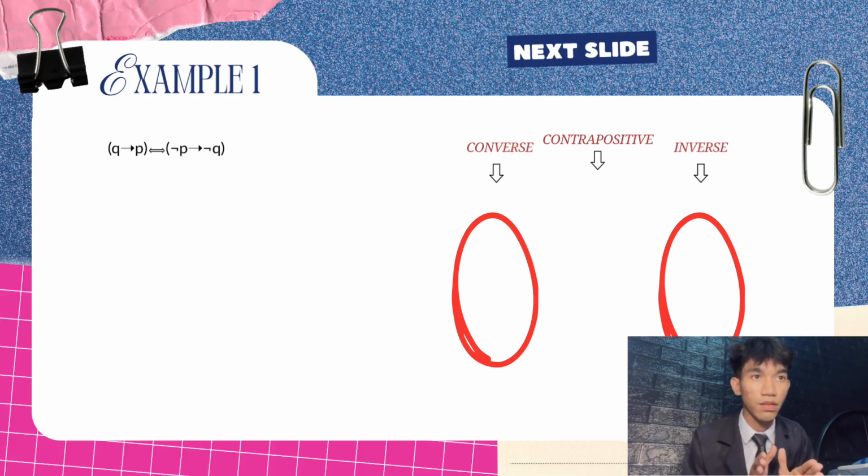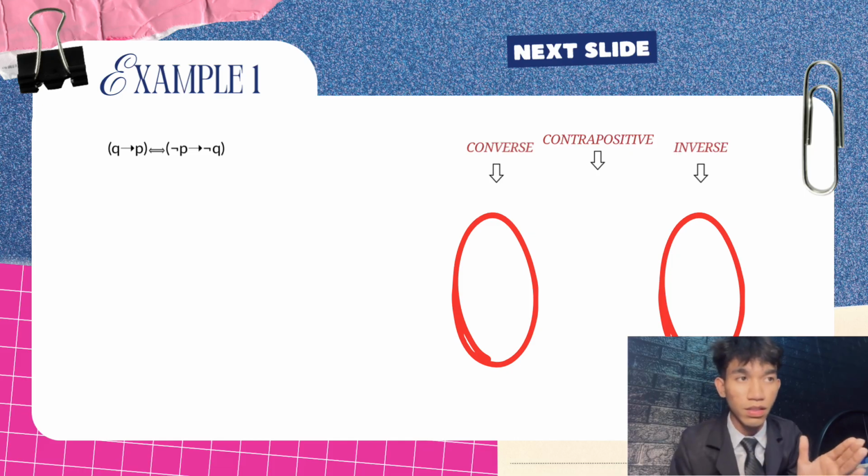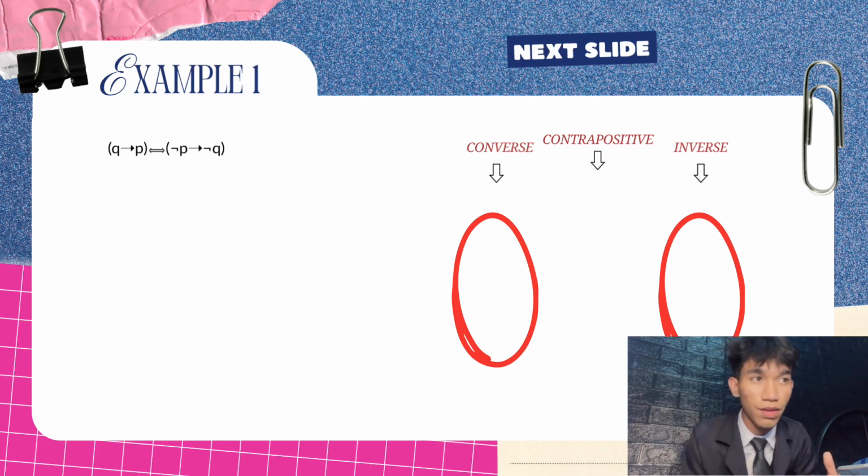Q implies P is equivalent to negation P implies negation Q. From here you can see Q implies P is the converse, while negation Q implies negation P is the contrapositive, and negation P implies negation Q is the inverse.